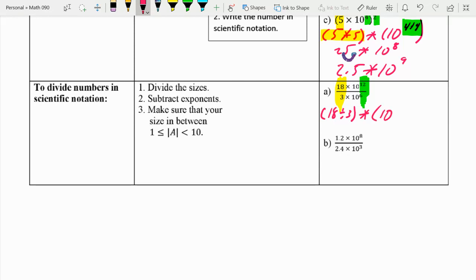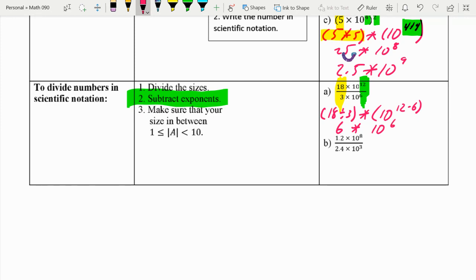Now, what happens when you're dividing and the bases are the same? We subtract. So I'm going to have 12 minus 6. Well, 18 divided by 3 is 6, times 10. 12 minus 6 gives me 6.